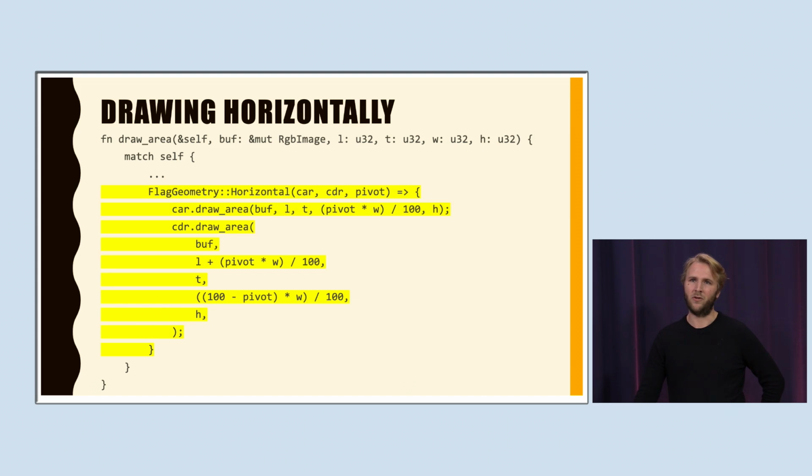We handle the horizontal and vertical strips by subdividing the input coordinate and the input dimensions according to the specification. Calculate the width based on the pivot and the input width. For the first parameter, for the second parameter, we just offset it by that. The code for the vertical variant is fully analogous to this, so we don't need to go into that in detail.